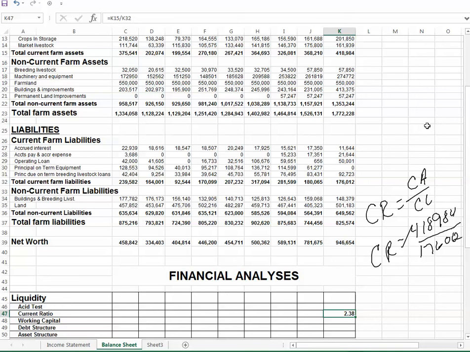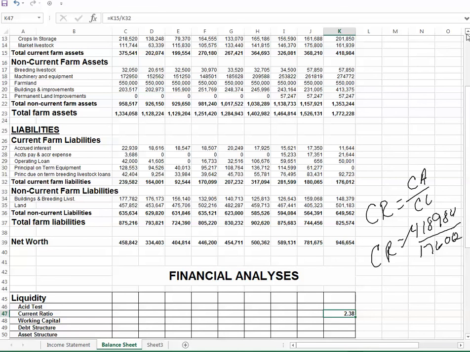Think about this. What if you had a farmer that owns 1,000 acres of land, free and clear of debt, maybe inherited it? That land's worth $3,000 an acre. So that's $3 million worth of assets. Maybe that farmer has another $500,000 in machinery. So that's $3.5 million worth of assets.